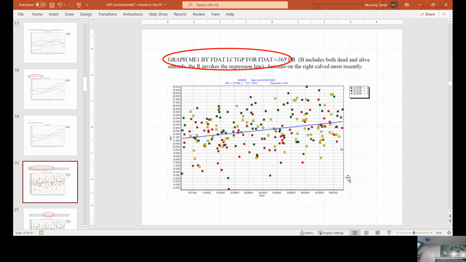So we're looking at that mature equivalent projection on their first test day. Is she doing better calving in or worse than we'd expect? That becomes an indicator of how they're doing in our transition program.